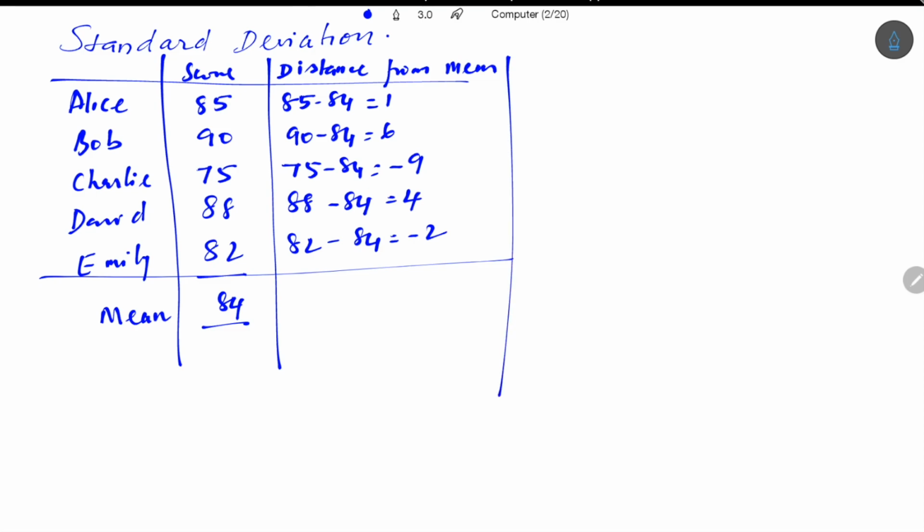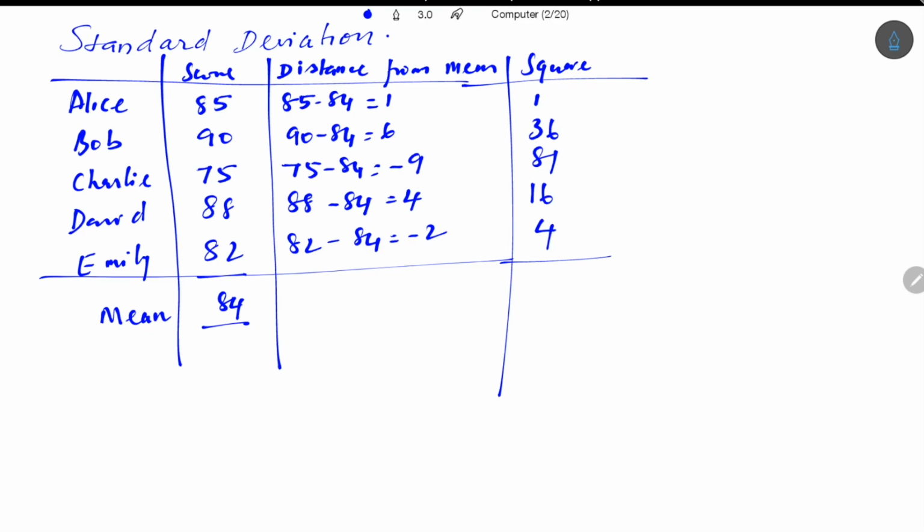After that, we need to square the differences. Square it. 1 squared is 1, 6 squared is 36, 9 squared is 81, 4 squared is 16, and 2 squared is 4.